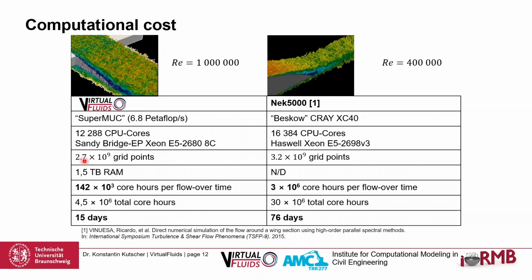It's about 2.7 billion grid points. Of course it has refinement: a very fine grid on the surface and in the porous media, and then coarser, with about 6 refinement levels. I think the channel height was about 2 or 3 meters.